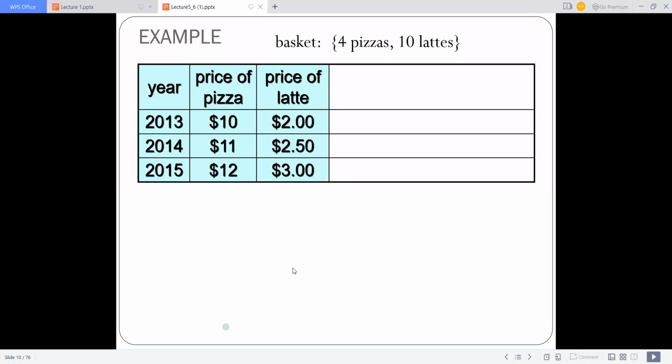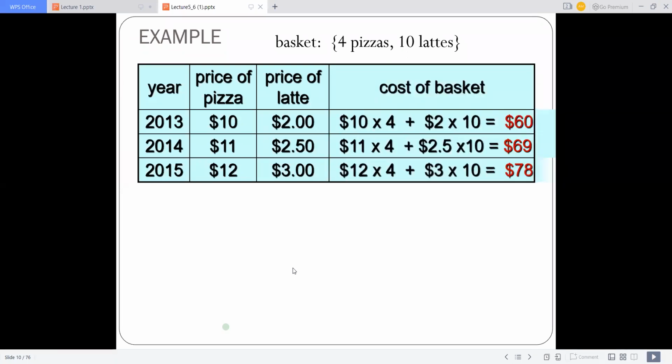So it's a similar thing that they are teaching us over here. It's nothing new. This is the price of pizza, the price of flats, and this is the quantity here. So 4 pizzas will be required and 10 flats will be required.